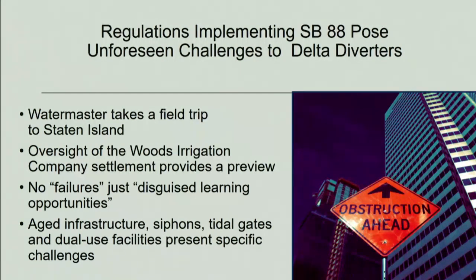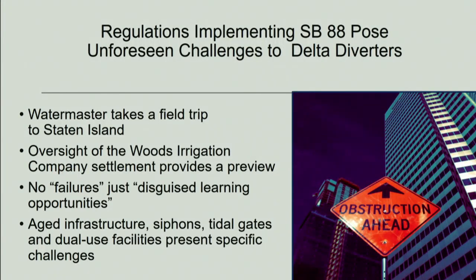That was not exactly news to me because I was also responsible for enforcing the Woods Irrigation Company settlement, a settlement of a case that the Water Board had brought against the Woods Irrigation Company, which is an irrigation company on Roberts Island in the southern part of the Delta.